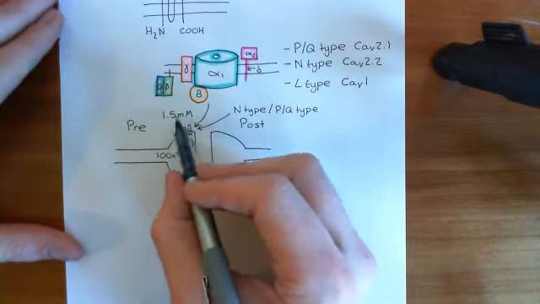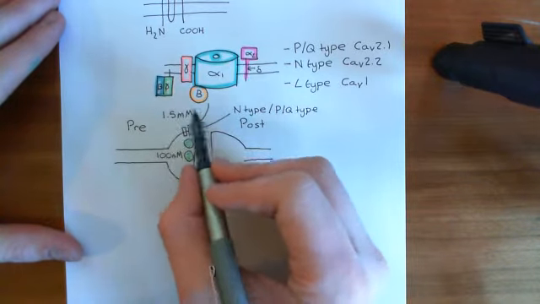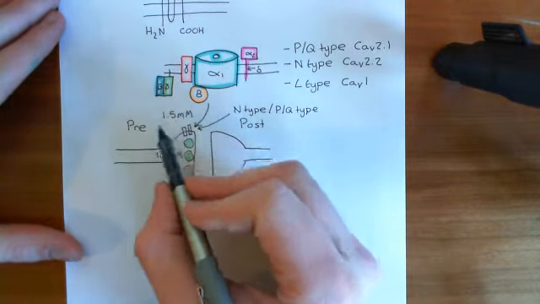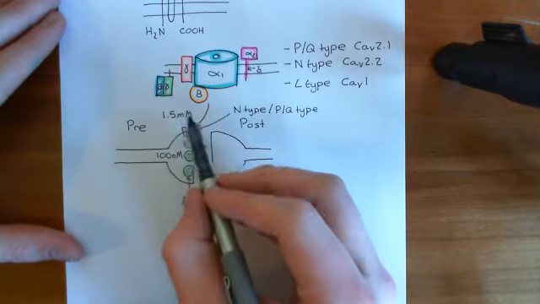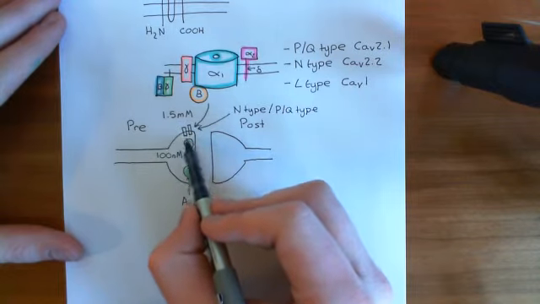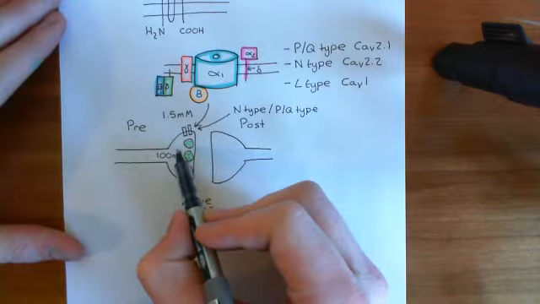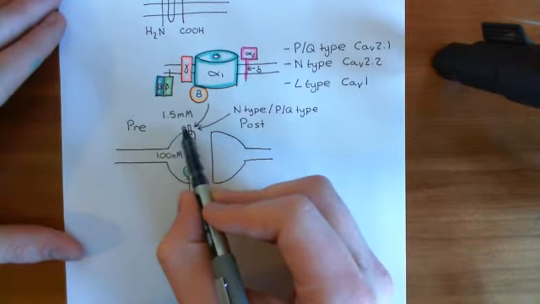To put it this way, basically the calcium ions on this side are 15,000 times more concentrated than on this side. So basically the probability that a calcium ion will hit the channel from this side and go through this way is 15,000 times greater than the probability that a calcium ion will hit from this side and go out.